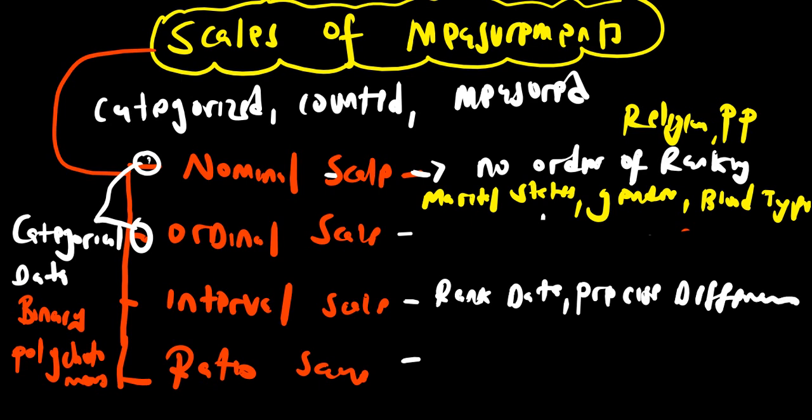There are precise differences between the units of measurement that you are using. However, here there is no meaning for zero. An example that you can give here is someone's IQ, even just the temperature itself.